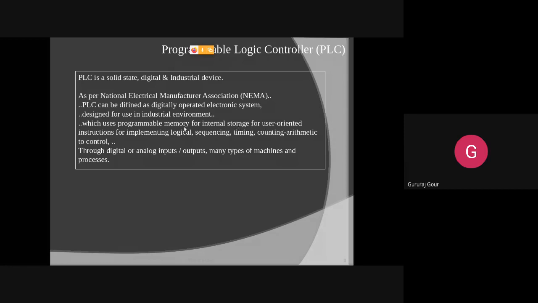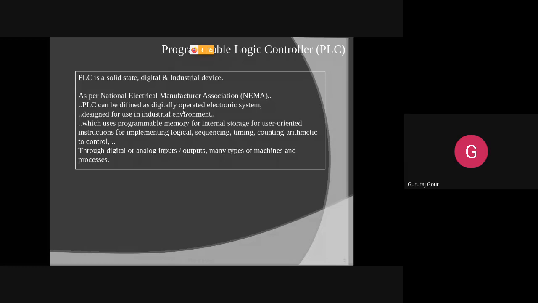For user oriented instructions, for implementing logical sequencing, timing, counting, arithmetic to control the various operations. So this is the complete and precise definition of the PLC as given by the National Electrical Manufacturer Association.